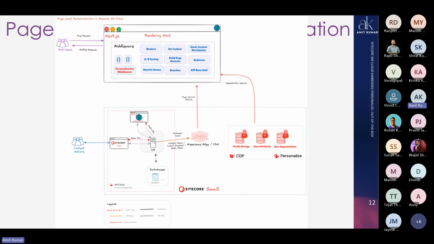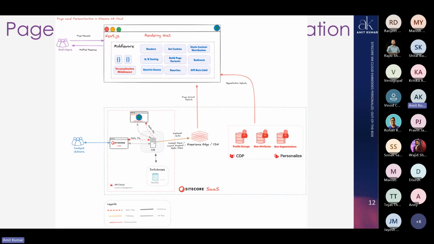It means that if the page has more than one variant, the middleware will send another API request to this Personalize API to detect whether the current visitor, like user A, matches any set of audiences configured for this page, such as having previously visited this page or not. Those will be received in your personalization middleware, and with the help of that it will identify the audience for the current visitor.